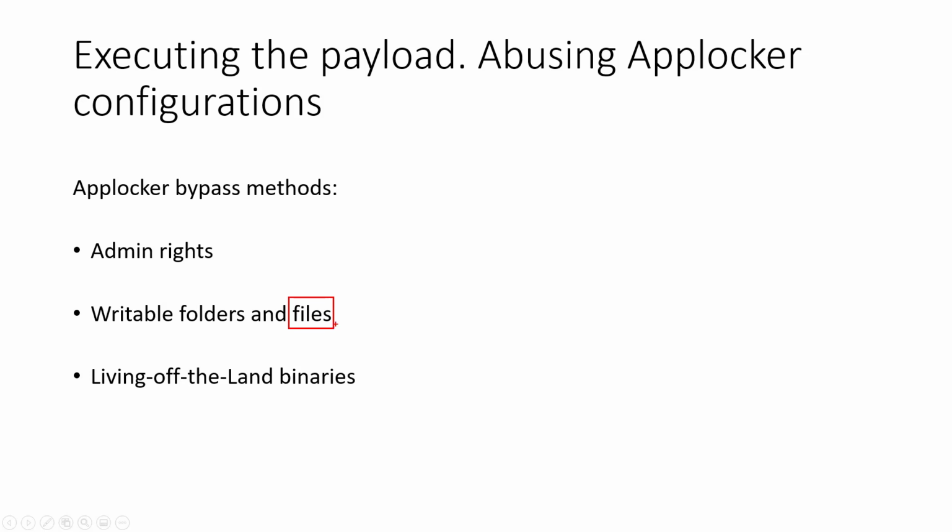In this case, you need to use what's called alternative data streams, or ADS, and add your payload to the writable file and run your payload as ADS. Slightly more complicated, but also possible. And finally, living off the land binaries. Those are built-in binaries which are trusted by AppLocker, and some of them will allow you to run code on their behalf.